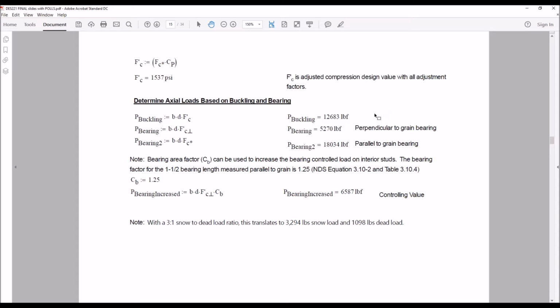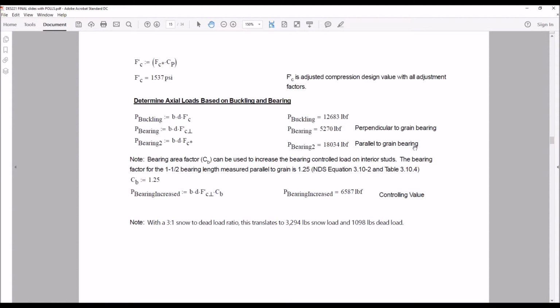But that's our buckling load, our axial load based on buckling, is 12,683 pounds. Our perpendicular to grain bearing would be the area times the F sub C perp prime, the adjusted compression perpendicular to grain value. And that's going to equal 5,270 pounds.